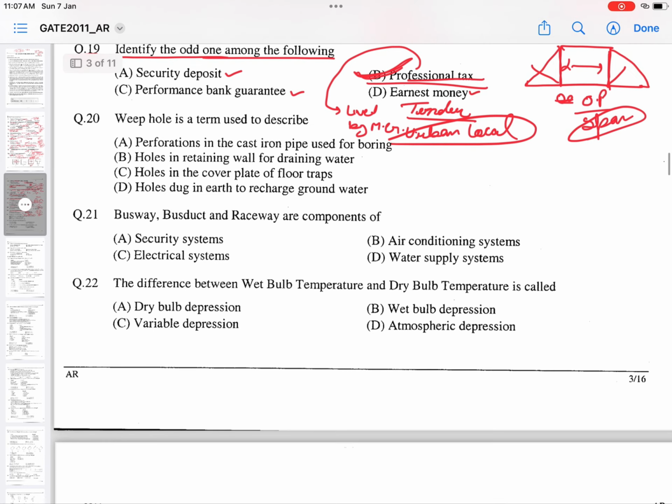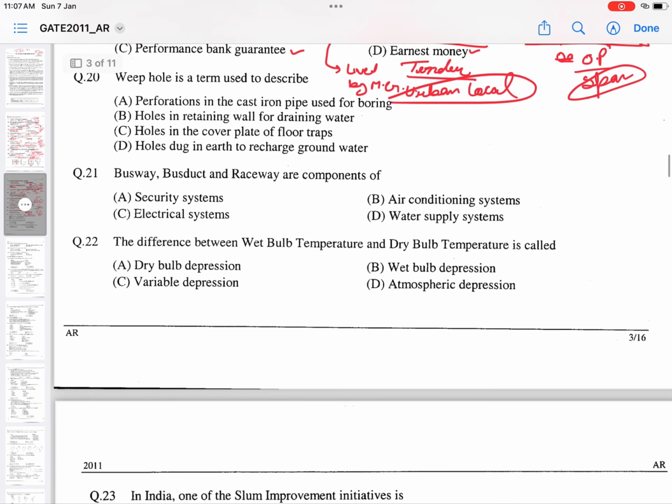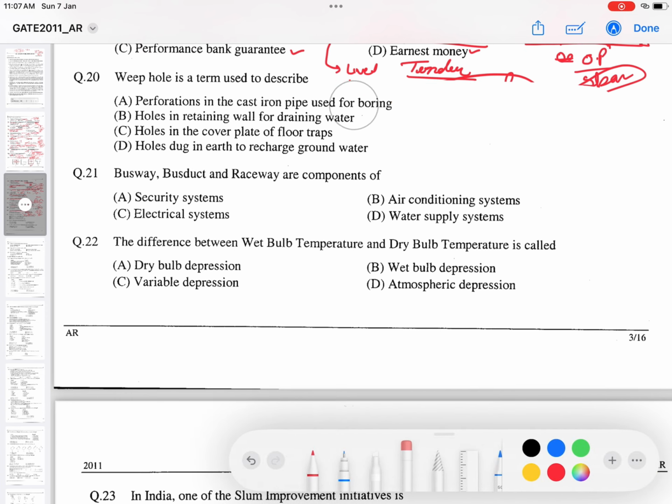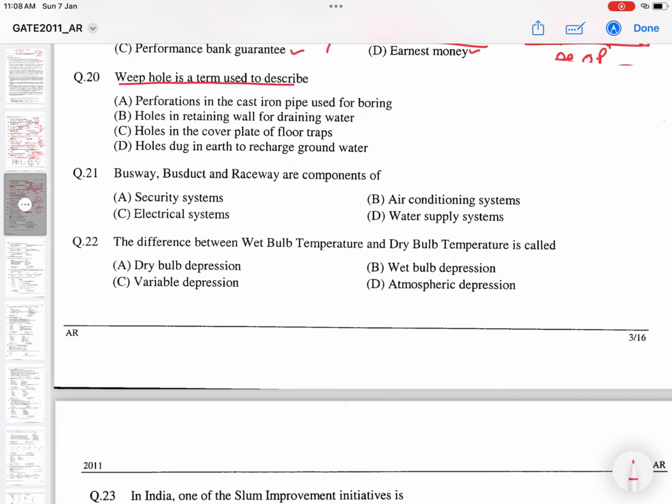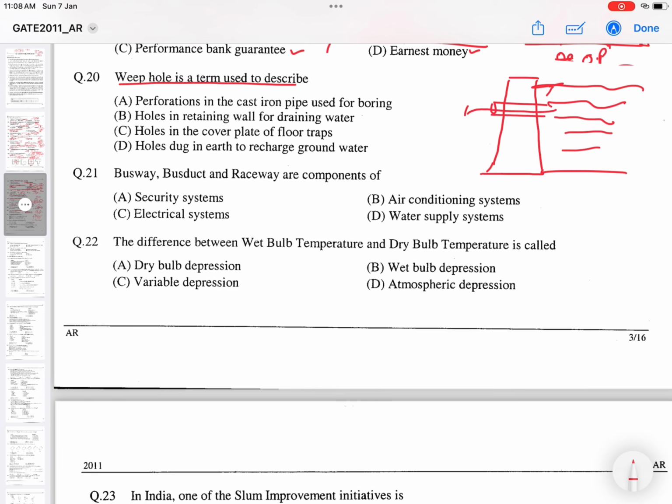Question number 20. Weep hole is a term used to describe. Let me just rub this portion. Okay, this is our stone wall. They have this type of a stone wall, and there is this land, soil. Now we have put some pipes just to drain out the water from the soil.